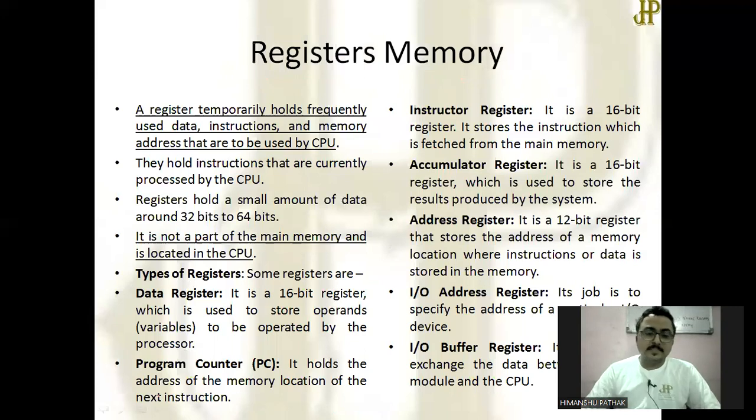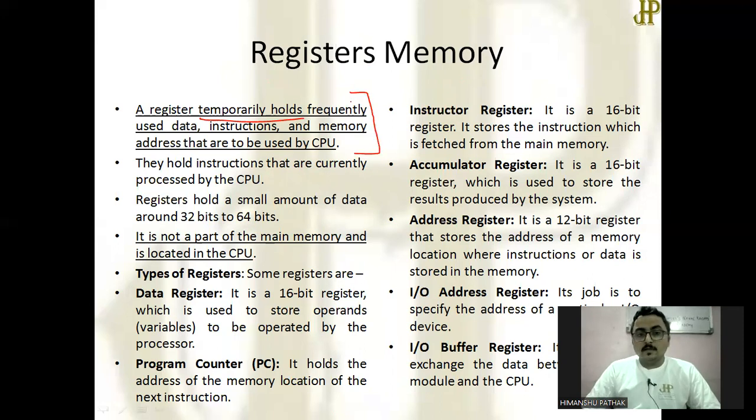Now, what are registers? Registers are a dedicated memory for the CPU. They temporarily hold frequently used data that are used by the CPU, so processing can be fast.